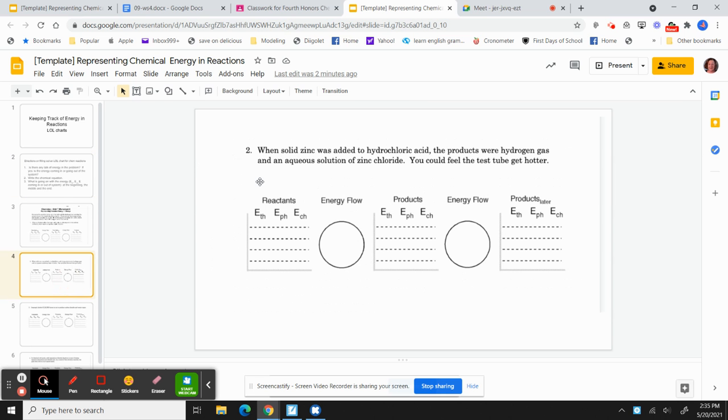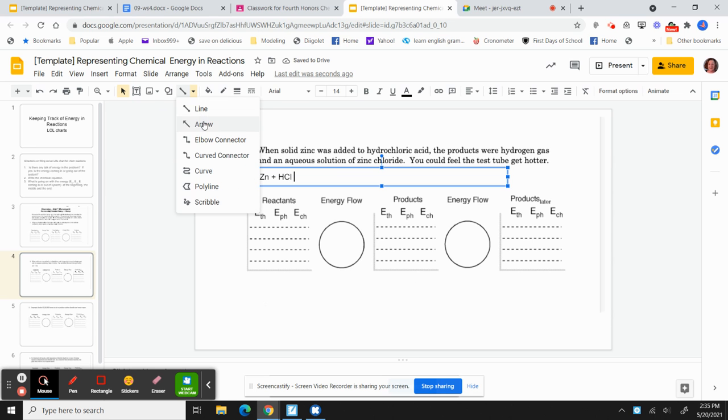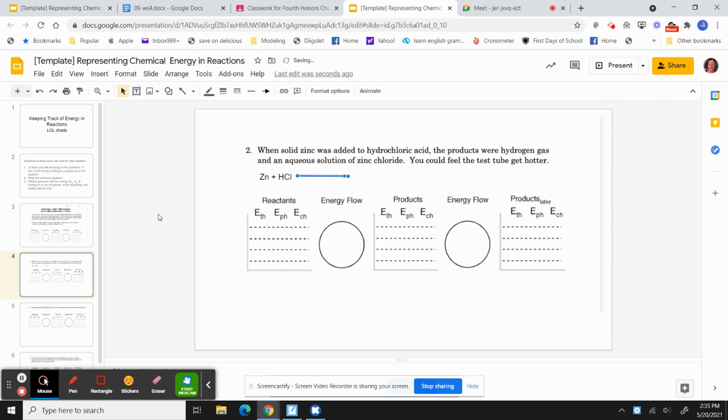All right, so next thing we got to do is write the equation. When solid zinc was added to hydrochloric acid, what happens? Well, the products are hydrogen gas.